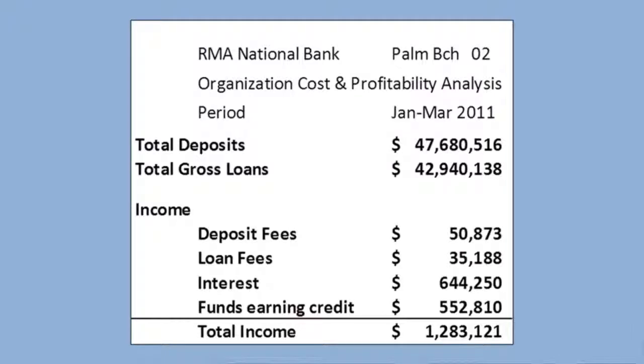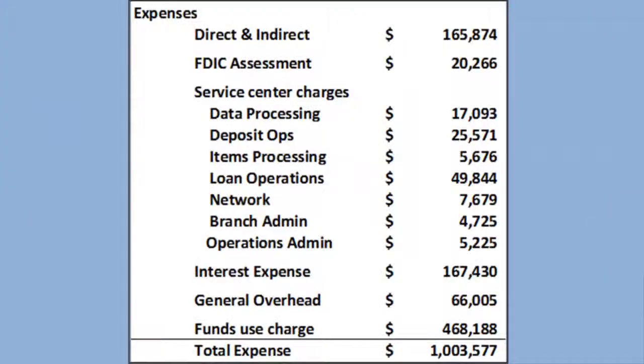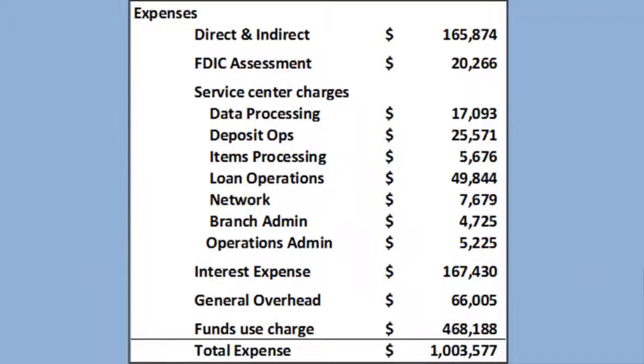So that gives us $1.2 million in our income. In a few minutes, we'll be talking about the funds use charge when you take out of the pool and are charged for it. The interesting part here is that you can be a branch that has only deposits, or you can be a branch that has only loans and still be profitable.